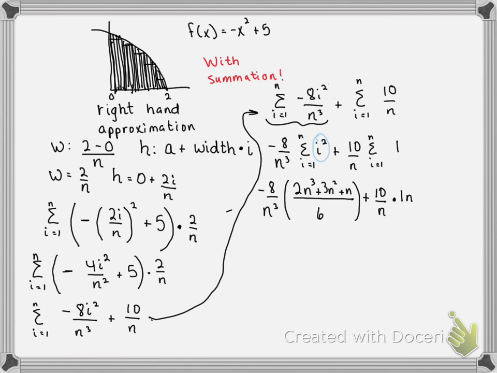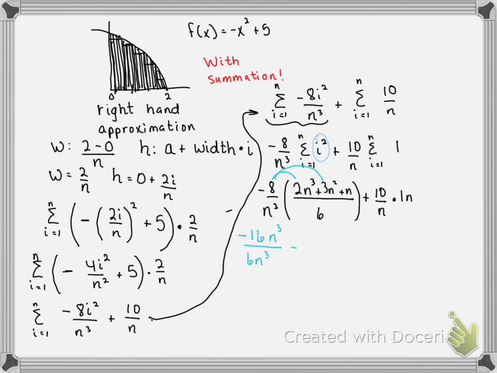Now the next step is to distribute. So we are going to distribute this negative 8 over n cubed into each one of those terms. Negative 16n cubed over 6n cubed.